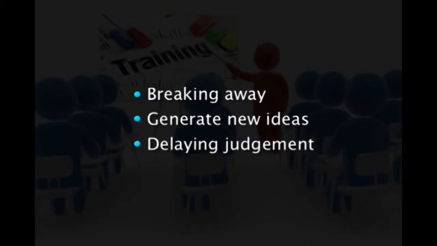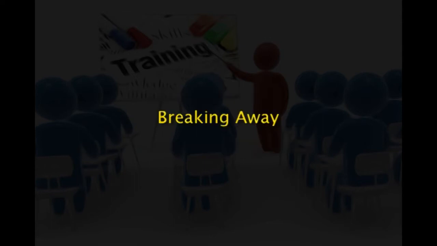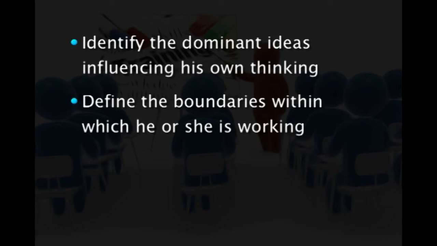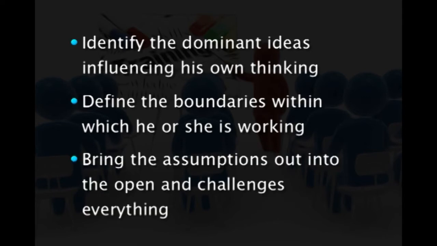Creativity training focuses on three things, namely breaking away, generating new ideas, and delaying judgment. Breaking away: identify the dominant ideas influencing his own thinking, define the boundaries within which he or she is working, bring the assumptions out into the open and challenge everything.